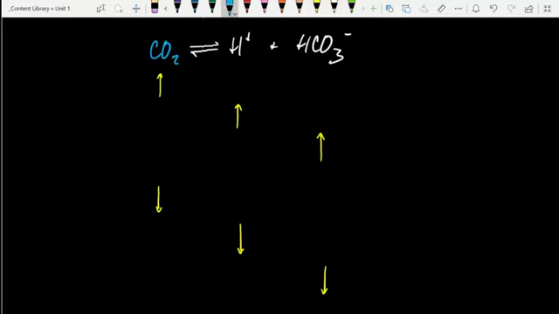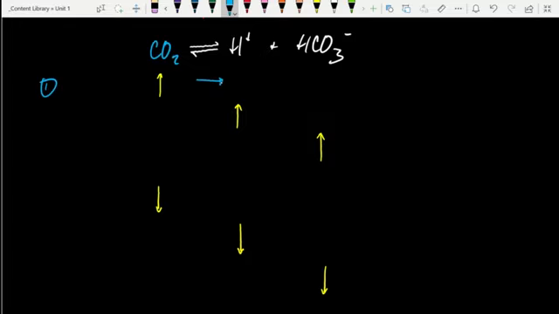So the first thing I want to do is figure out which direction the reaction is going to go. Remember, from our discussion up on top, let's start with this first one right here. If I increase CO2, this is kind of like increasing the couples, right? And so what am I going to see? I'm going to see an overall net drive to the right.